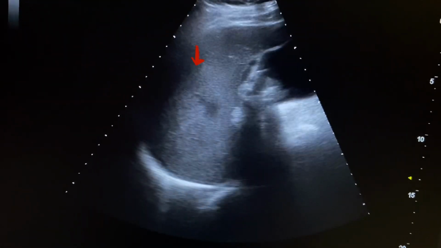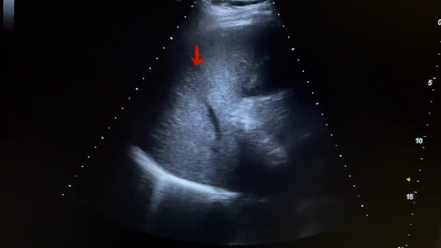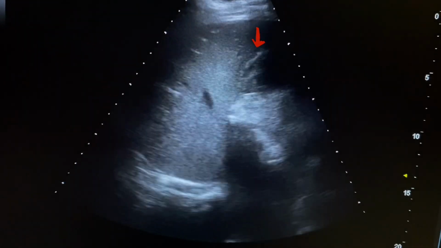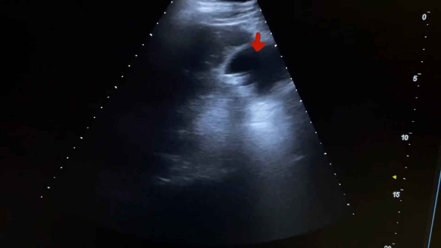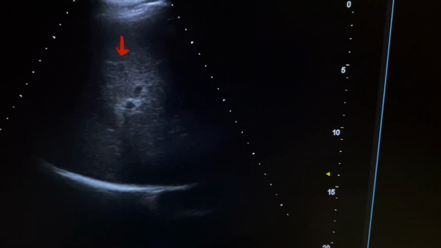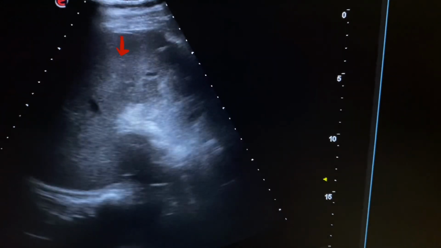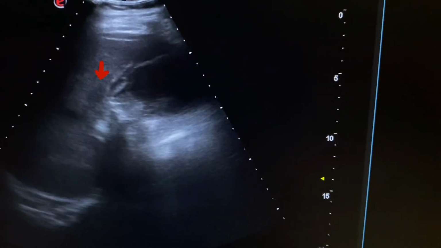Now we scan the liver and gallbladder. Here the texture of liver is coarse.